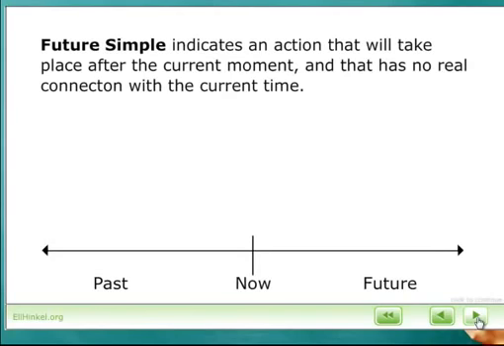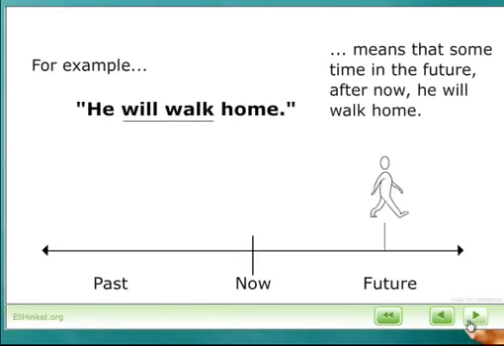Let's talk about future simple. This indicates an action that will take place after the current moment, but has no real connection with the current time. So the current moment is now, so future simple is going to take place in the future, but it's not going to relate to now at all. Let's take a look at that example. He will walk home.